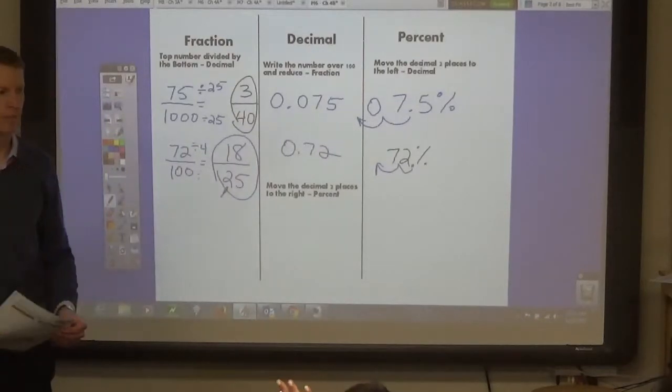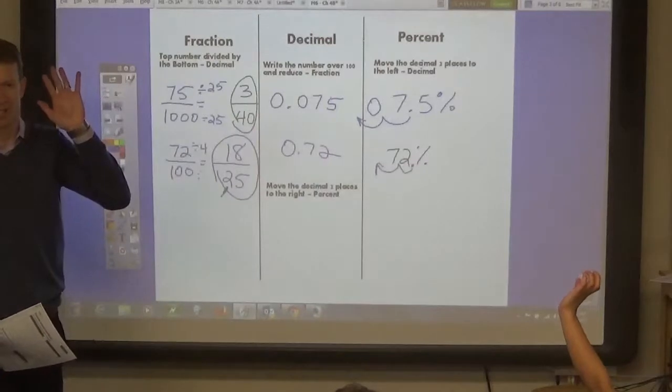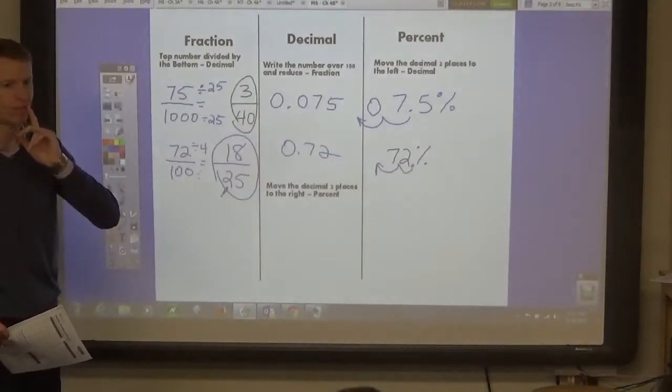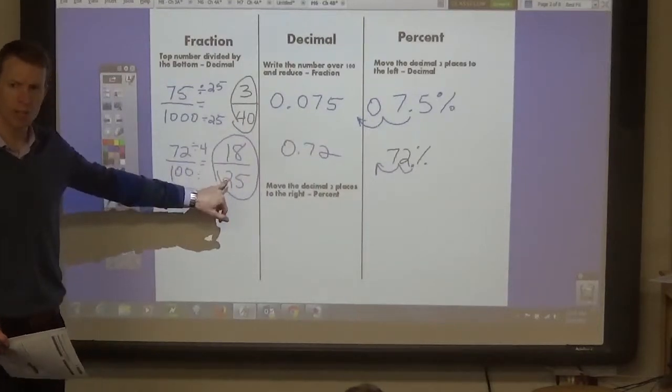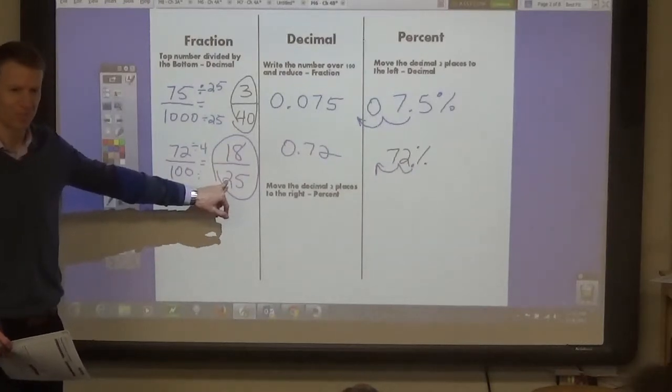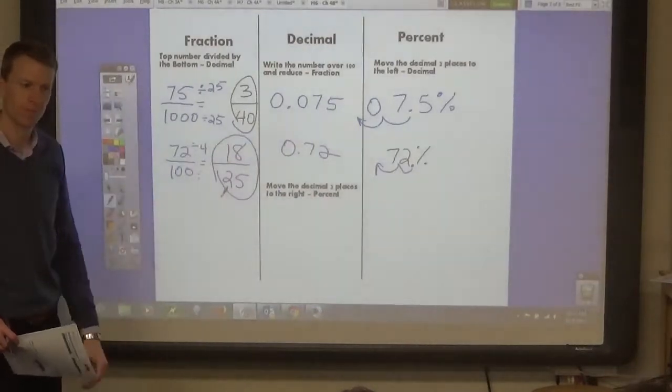Are there any other numbers that go into both? No. There's no other numbers that go into both of these numbers. Okay?